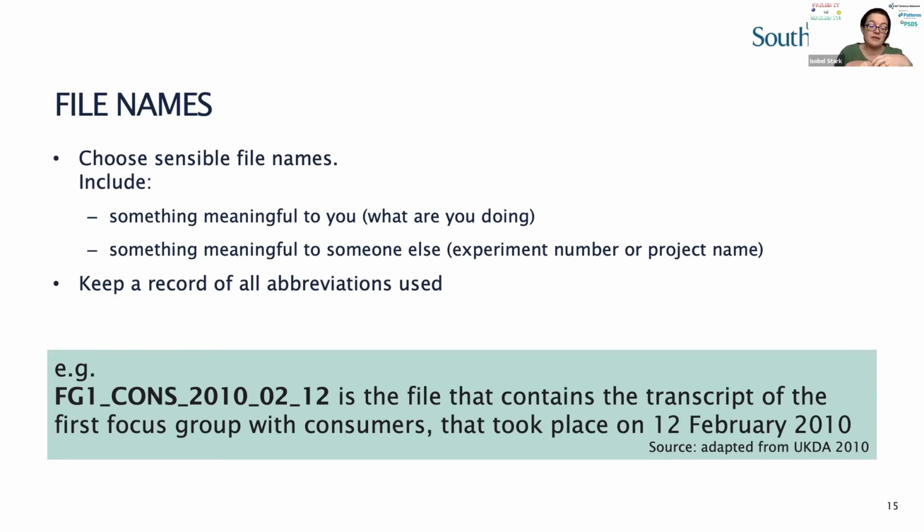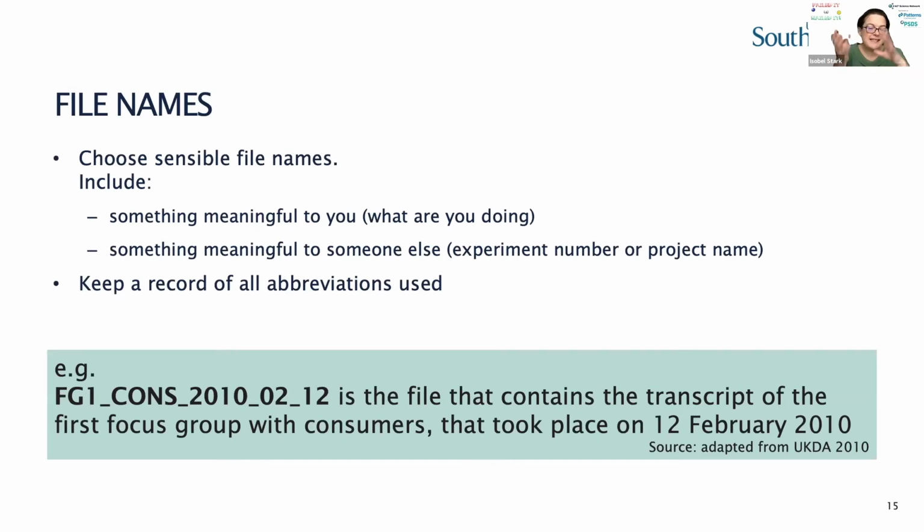If you didn't have the information that FG stood for focus group and cons stood for consumers, you'd maybe have to dig around a bit more, look at the contents of the file to work out what it was. But if there's a README file with it, you would have known that already.